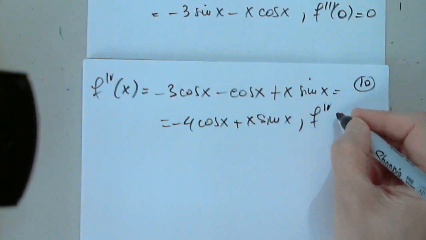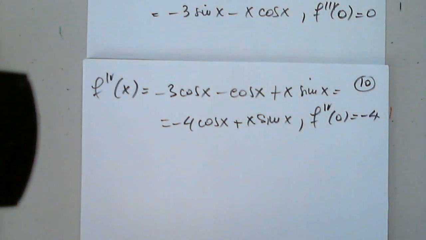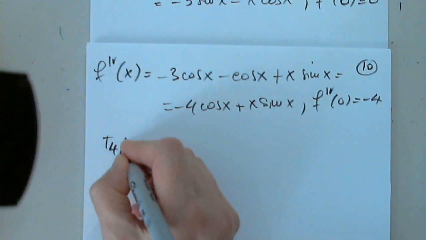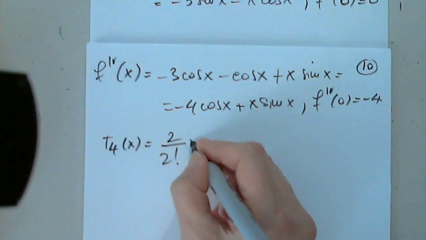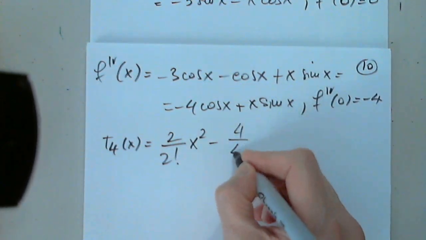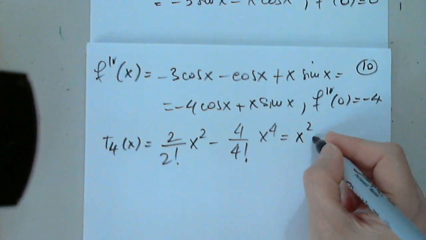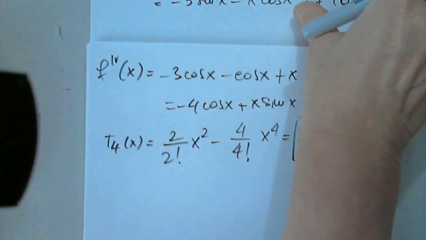And the fourth derivative at 0 is -4. Okay, so now we have all the derivatives and their values. And now let's write T4. So that will be 2 over 2 factorial x squared minus 4 over 4 factorial x to the fourth. And this is simply x squared minus 1/6 x to the fourth power.